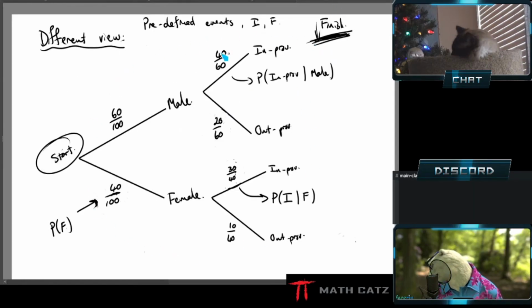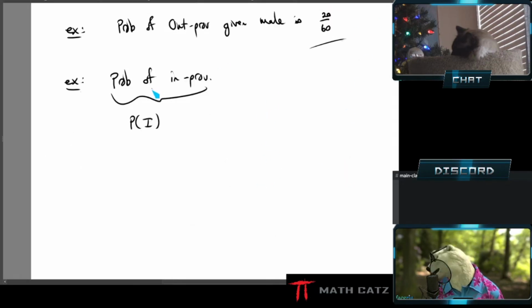I look, is that probability somewhere on here already? No, because the requirement in province can be obtained by taking the male branch, but also the female branch. There are multiple ways to end up with a person that is an in province student.